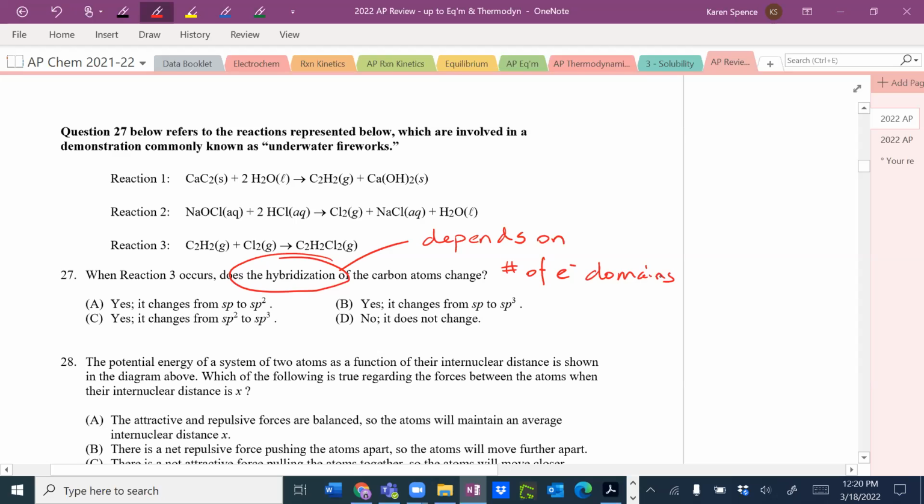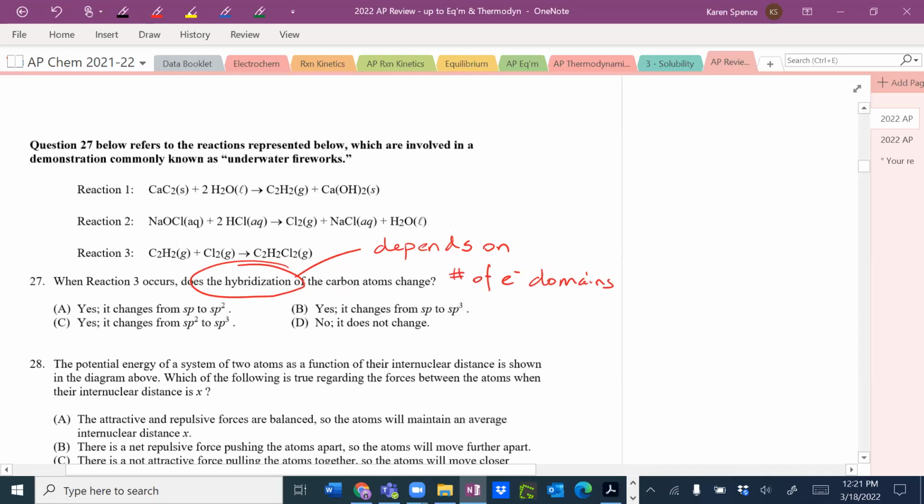And I know you're going to be really tempted to want to understand this, and we can try to do that a little bit more in depth when we get back. But here's the rule of thumb. If you have 2 electron domains, what it means is that you have an s and a p.